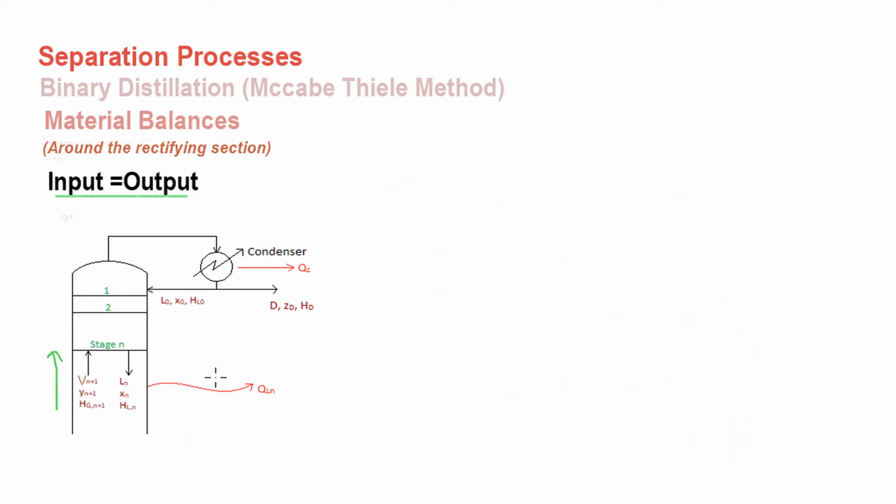Therefore, the vapor coming from the n+1 stage has the same flow rate as the vapor leaving the n stage, and the same flow rate as the vapor leaving the second stage, and the same flow rate as the vapor leaving the first stage and going to the condenser.